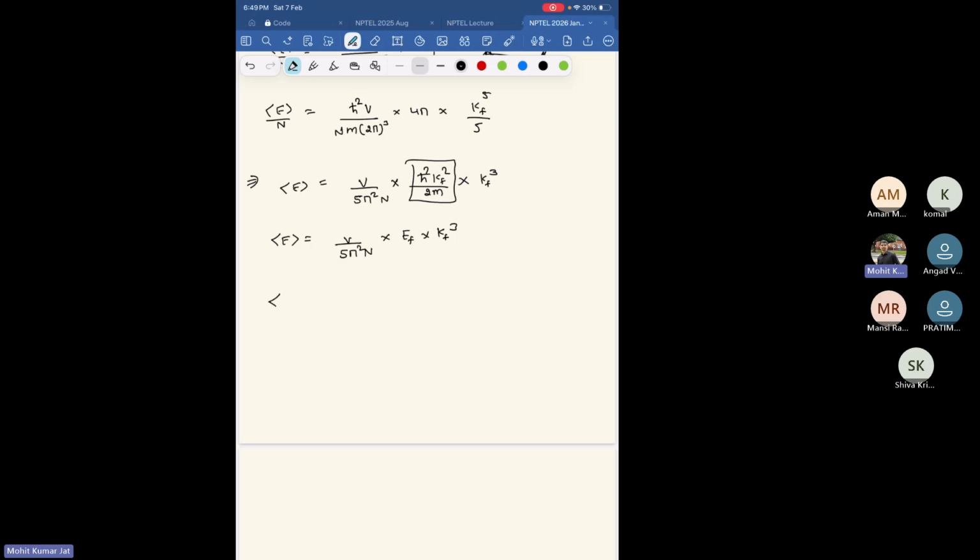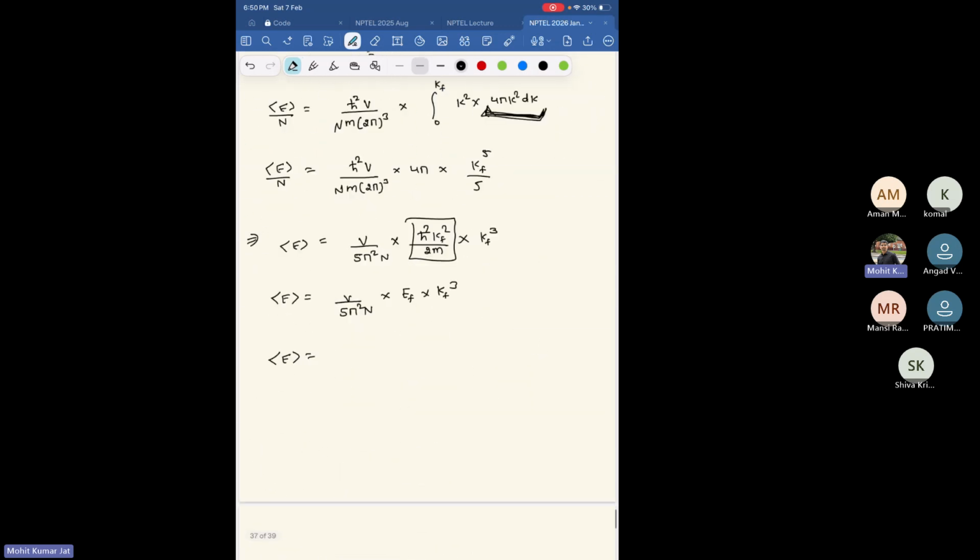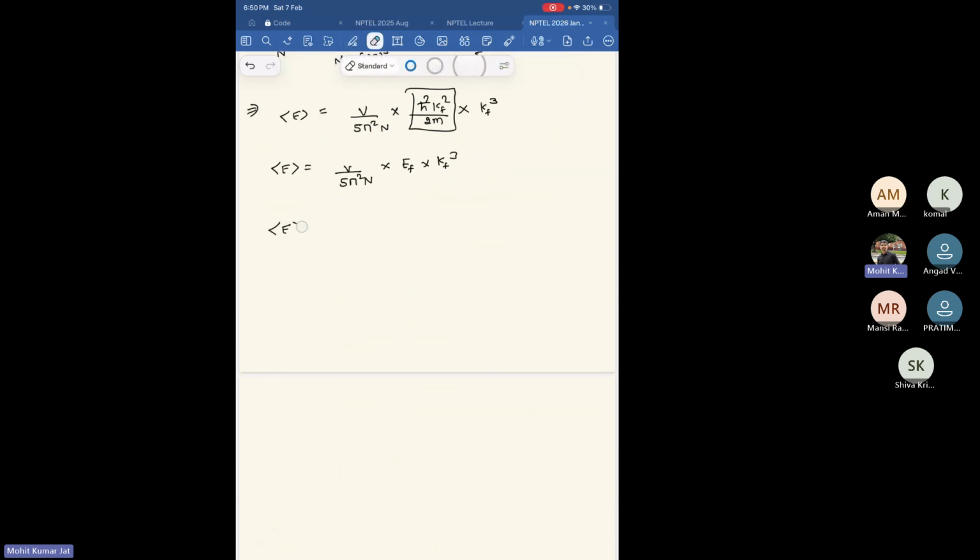If you substitute the value of kF³ from equation 1, what you get is E = V/(5π²n) times EF times 3π²n/V.